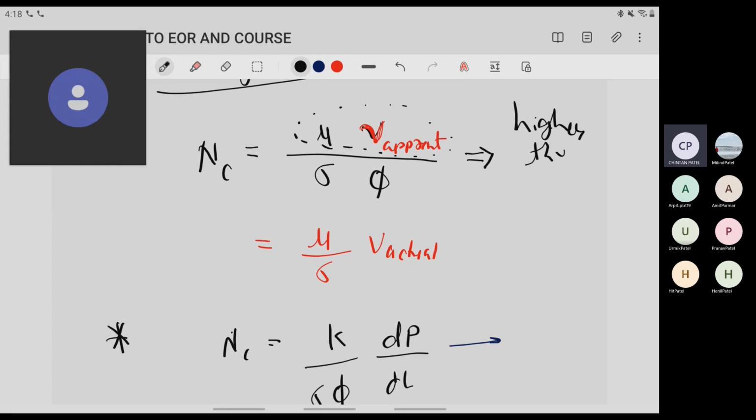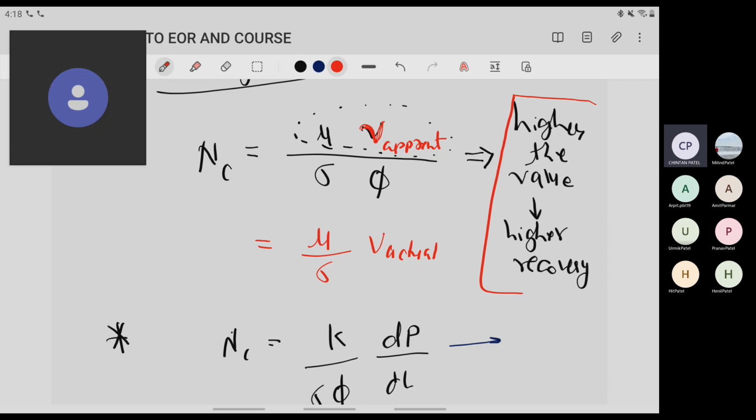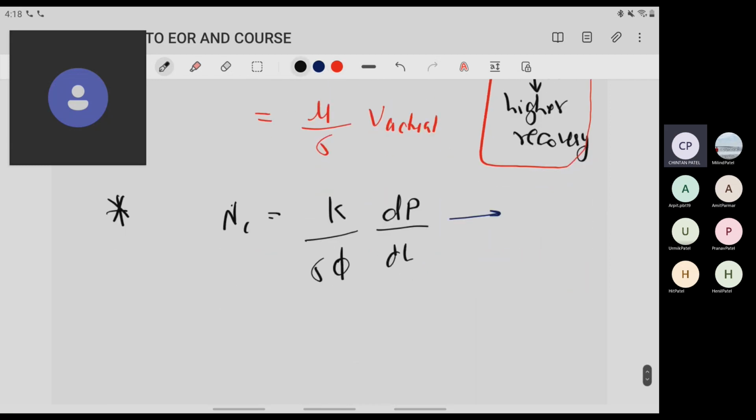Okay? Higher the value, it means higher the recovery. Consider this statement and remember this statement. Note this down with the formula. And regarding this formula, you may have many answers.